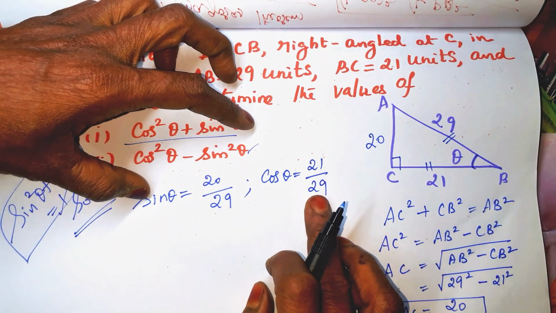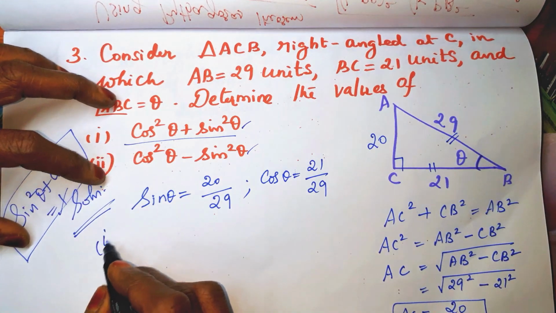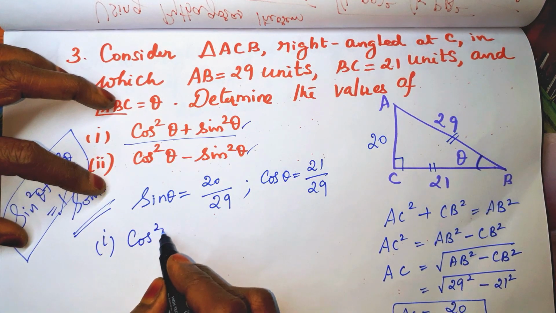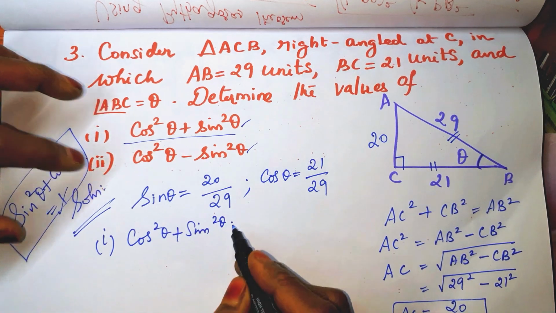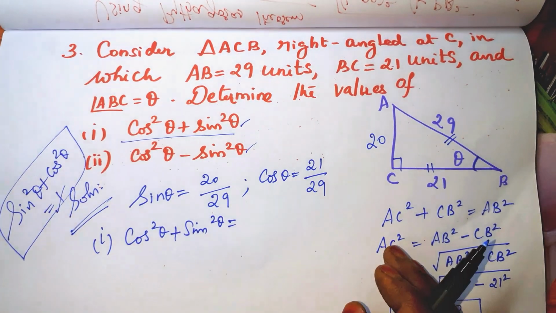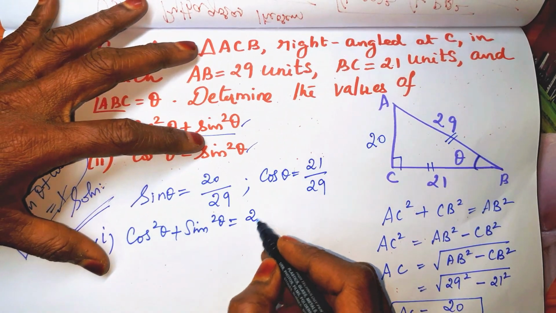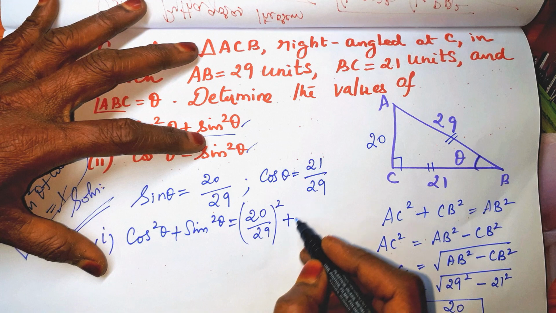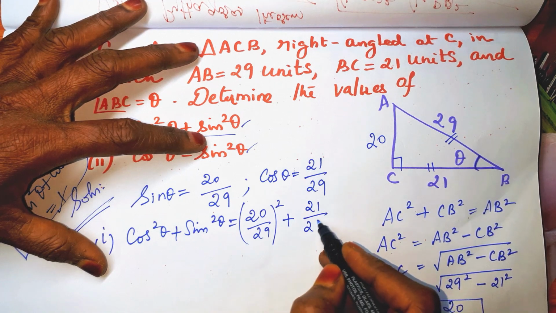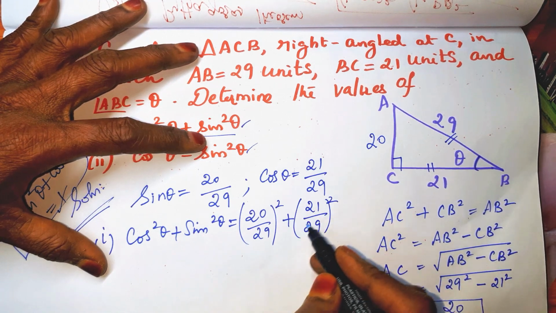Now number 1, cos squared theta plus sine squared theta, which is equal to 20 by 29 the whole square plus 21 by 29 the whole square.